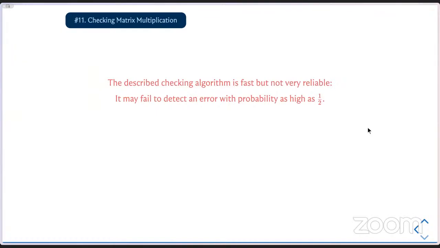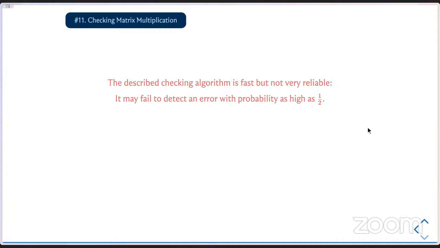One thing that you can do, however, if you're not comfortable with probability half, because that sounds like a monkey trick, since chances are that you give a false positive with probability half, is repeat this algorithm a few times. Then what are the odds that your matrix wizard was cheating, but somehow you end up being unlucky every single time?